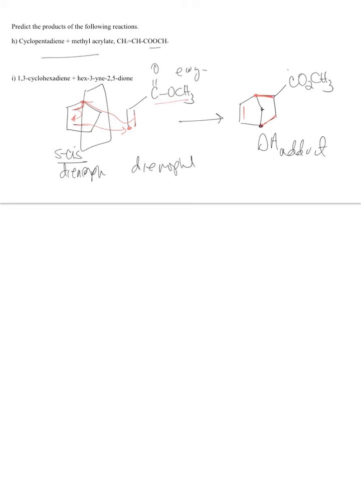All right, our next one is 1,3-cyclohexadiene. So that's a six-membered ring.